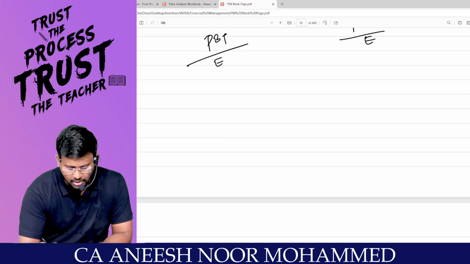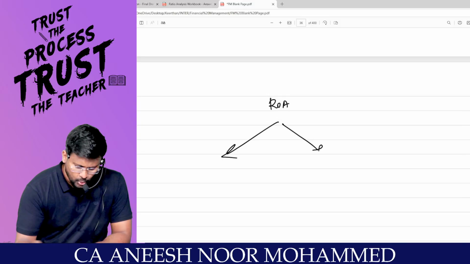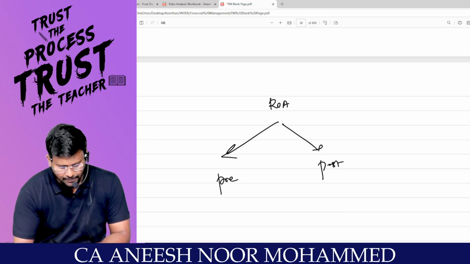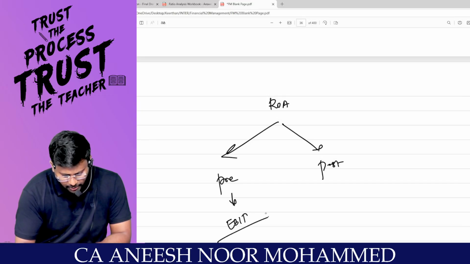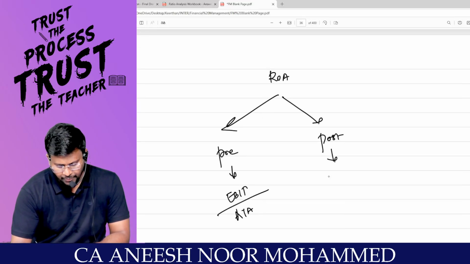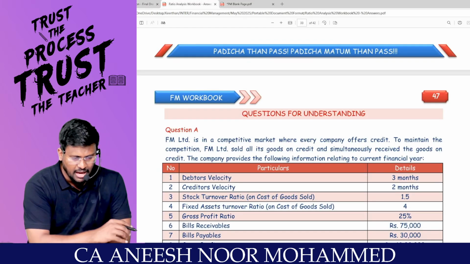The third one is return on asset, classified into two categories, pre-tax and post-tax. Pre-tax: EBIT divided by average total assets. Post-tax: PAT divided by average total assets.